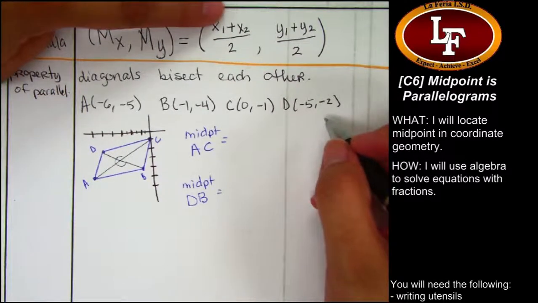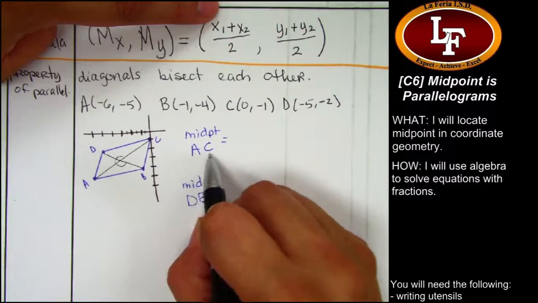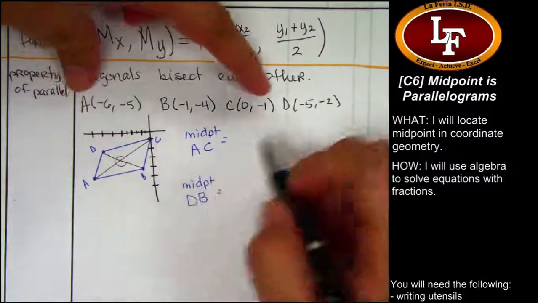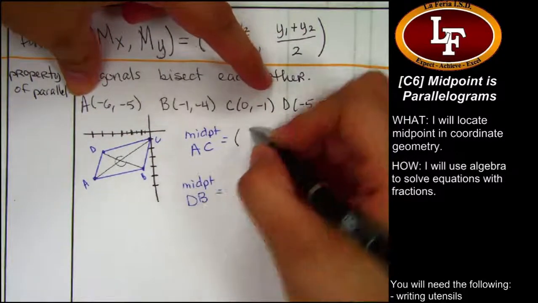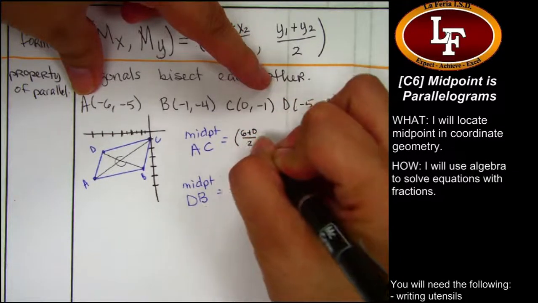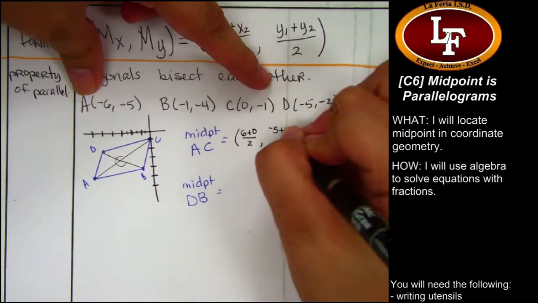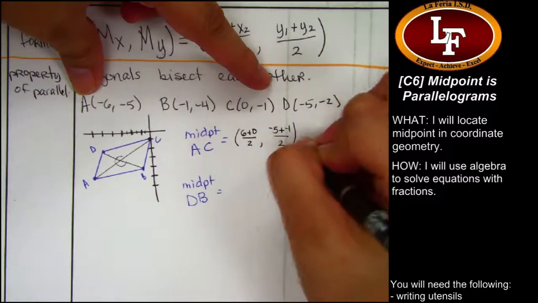My midpoint formula says take the x values of the 2 points that I'm interested in. In this case, it's going to be A and C. So I'm going to take the x coordinates of those and add them together, divide by 2. I'm going to take the y coordinates of those and add those together, divide by 2.